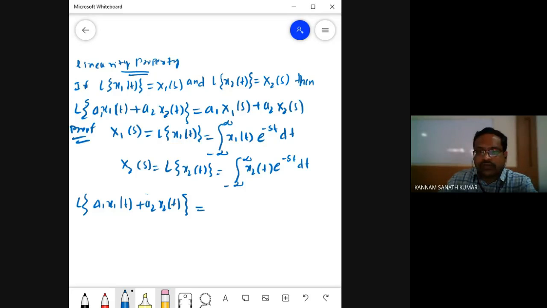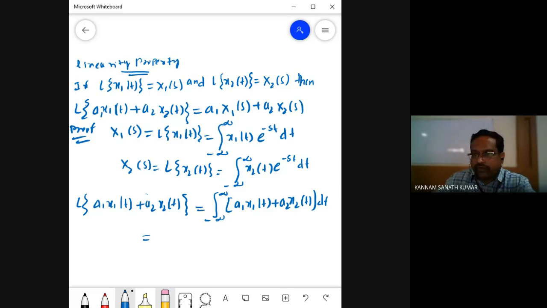This is equal to integration from minus infinity to infinity of that signal, so a1 into x1 of t plus a2 into x2 of t, into dt. Sorry, here one more thing, into e power minus st dt.